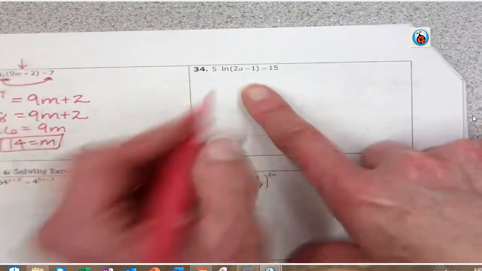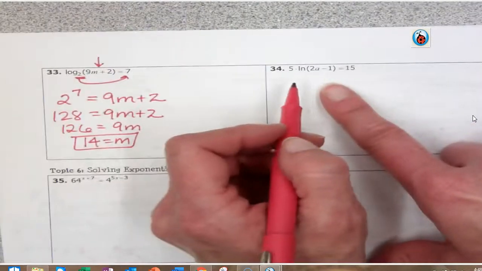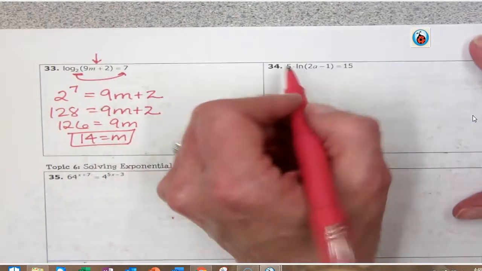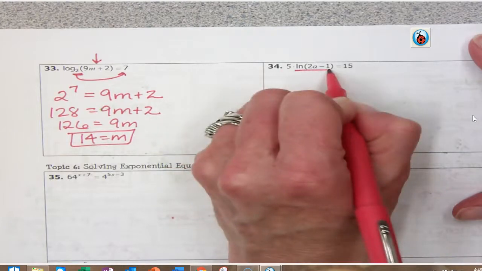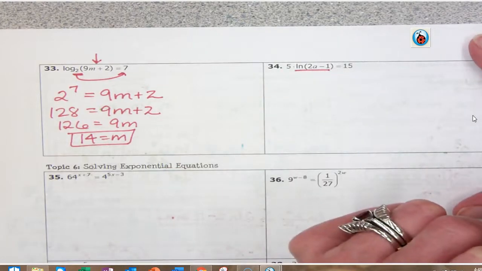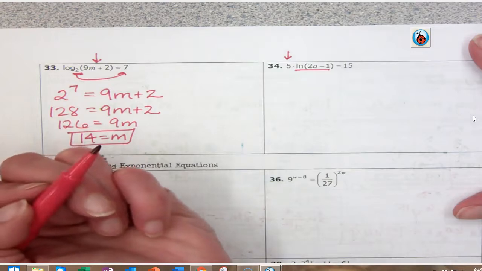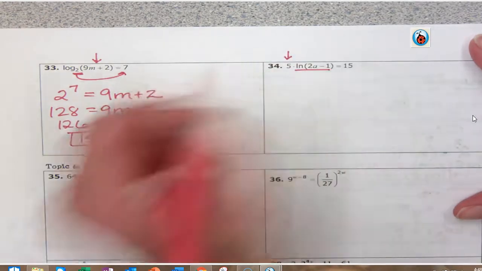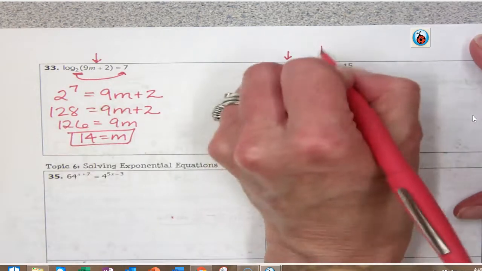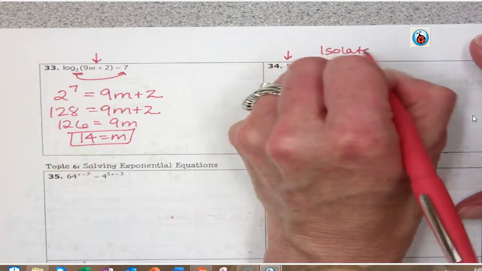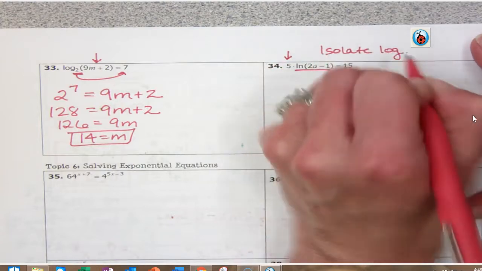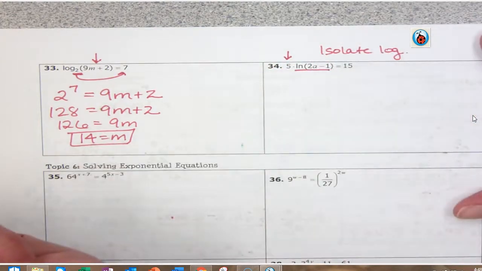That would be the same thing here. The only difference is that now you need to get your logarithm isolated. So this 5 is kind of standing in the way. So you want to isolate the logarithm first before you turn it into an exponential equation.